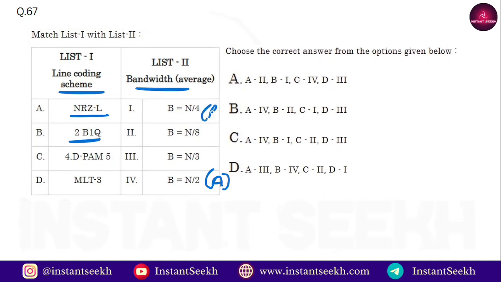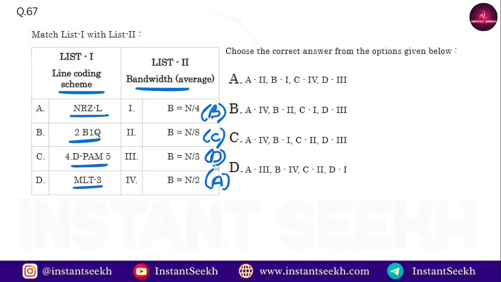So this goes for option B. Next, 4D-PAM5, 4-dimensional 5-level pulse amplitude modulation, is a line coding scheme used in high-speed data transmission, and its bandwidth is N by 8. And last, MLT-3, multi-level transmit 3, is a line coding scheme using 3 voltage levels, and its bandwidth is N by 3 itself.